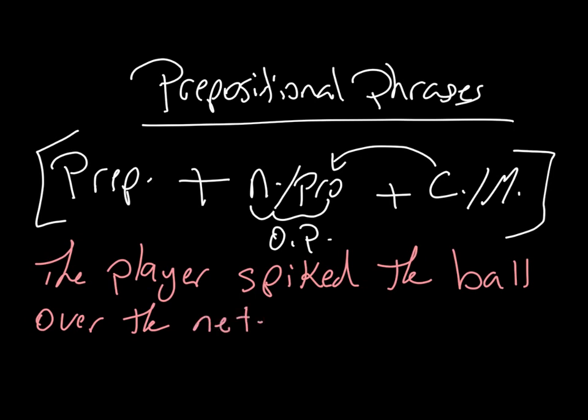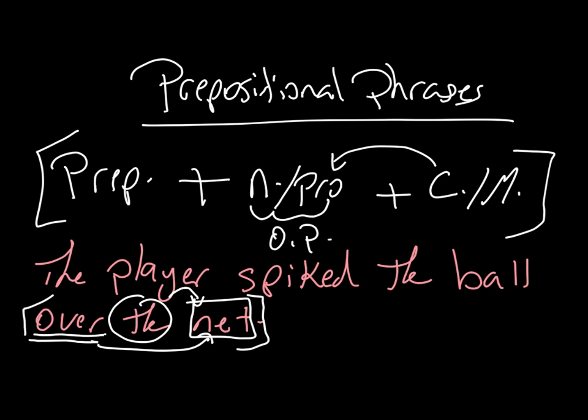In this sentence, over is your preposition that we look for, and this is followed usually by a noun, and this is over the noun that shows the relationship between the player or the ball and the net. So net should be part of your prepositional phrase, in addition to the article that modifies the net, because it's a modifier here. So your prepositional phrase in this case is over the net.